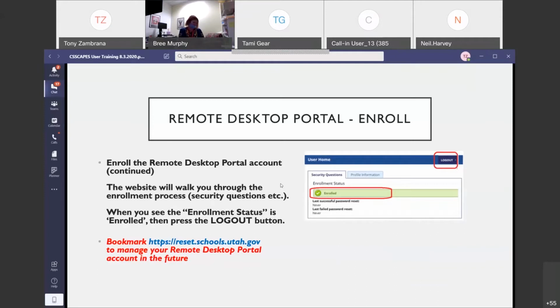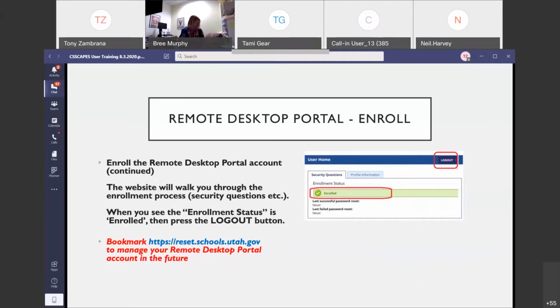So it's kind of a process. It walks you through setting up security questions, getting a PIN code, just a super secure site. And when you've gone through the process, it will drop you to this screen where it says enrolled. And that's where you'll want to log out because you've been successfully enrolled.